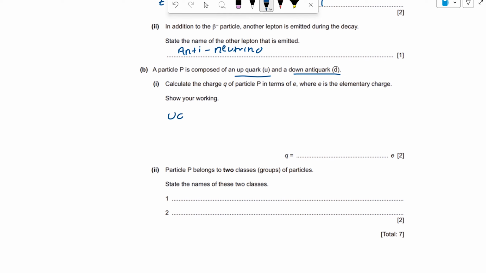So we have an up quark, which is plus 2/3. Usually, a down quark has the charge of minus 1/3. Well, an anti-down quark is going to be plus 1/3. So plus 2/3 plus 1/3 is going to give us plus 1e. So plus 1, that's your answer.